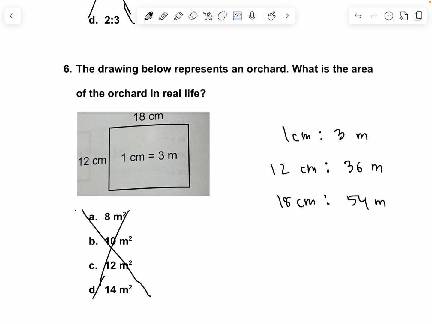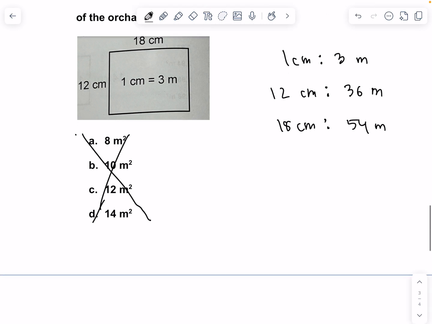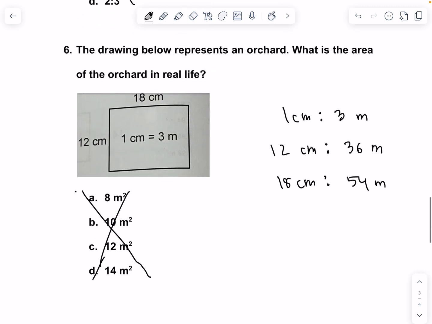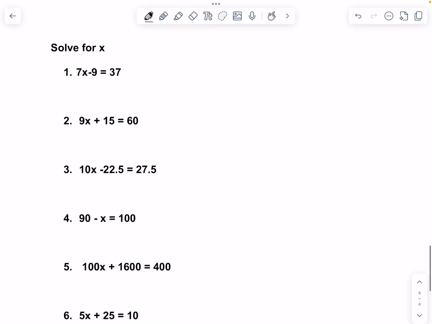So the answer would just be 1,944 meters squared. Yeah, okay. We'll just solve for x. Yeah, skip that problem. That one's wrong for sure.